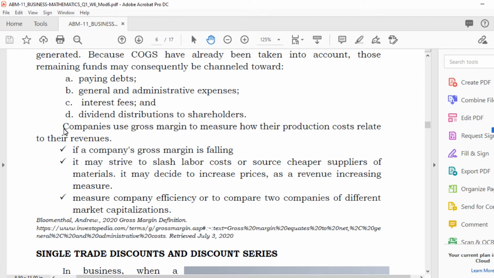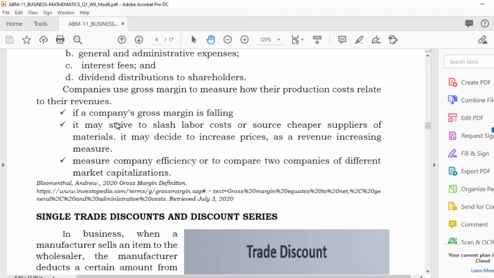So, yun po yun. Bakit kailangan ng gross margin? Para makuha kung magkano yung production cost nila. So, if a company's gross margin is falling, it may strive to slash labor costs or source cheaper suppliers of materials.